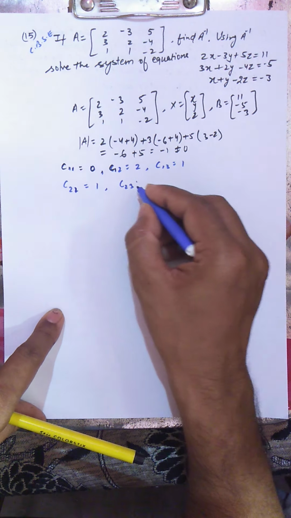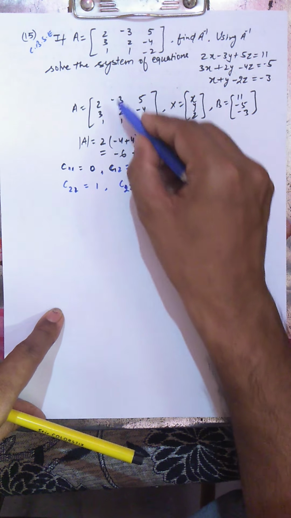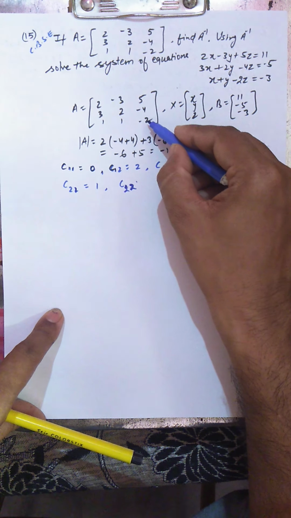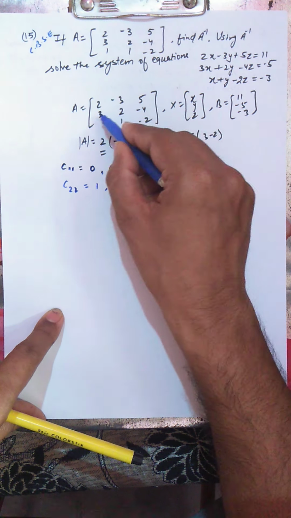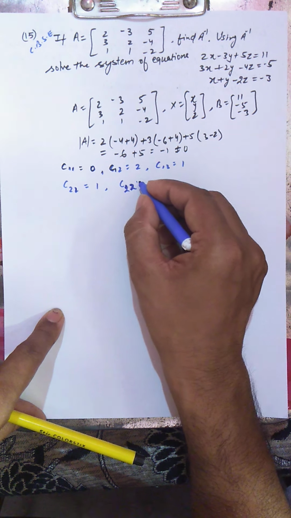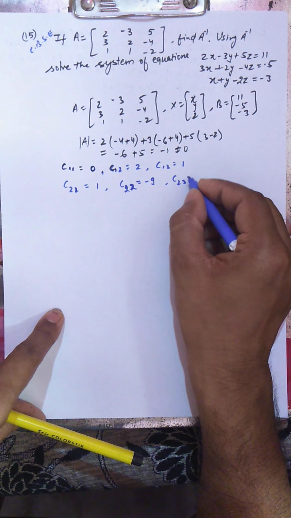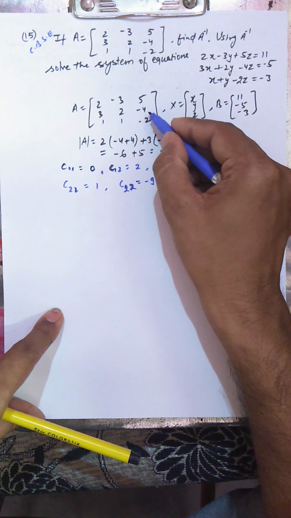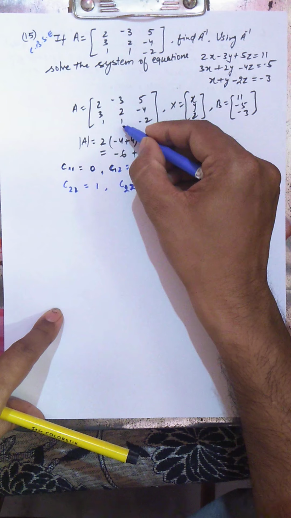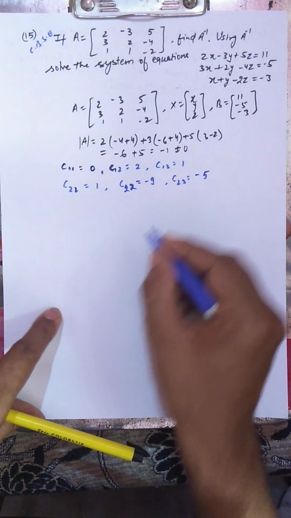This is C21, then C22 will be this goes, so this minus 4 and this goes minus 4 and minus 5. So minus 4 minus 5 is minus 9. C23 will be this goes 2 and this is plus 3, so 5, but it becomes minus 5 because this is the 2 3 position.